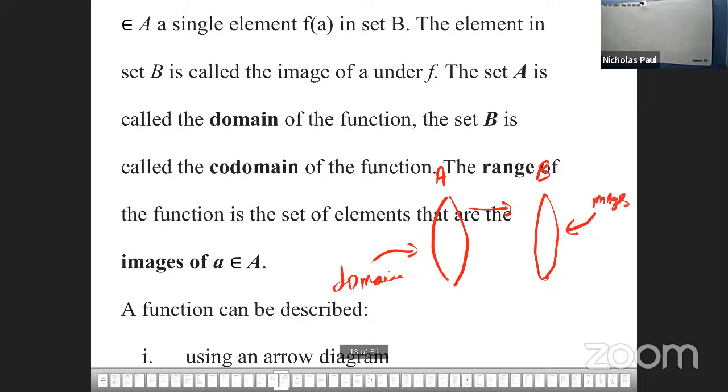We also call that set your codomain. The range is the set of elements that are images, so your range is all the images.